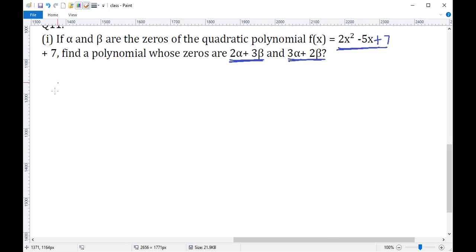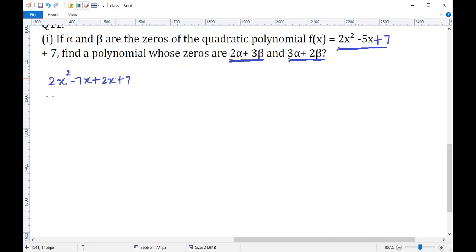So how will we do it? If you split the middle term, the product is 14 and the sum is minus 5. Is there any option for 14? 7 and 2 we have to take. So minus 7 plus 2? You'll take it as 2x squared minus 7x plus 2x plus 7.